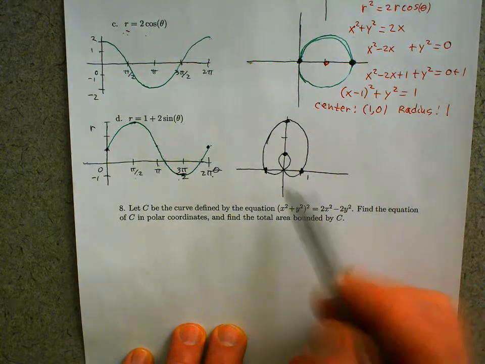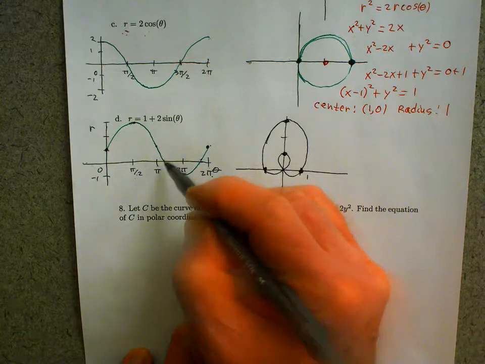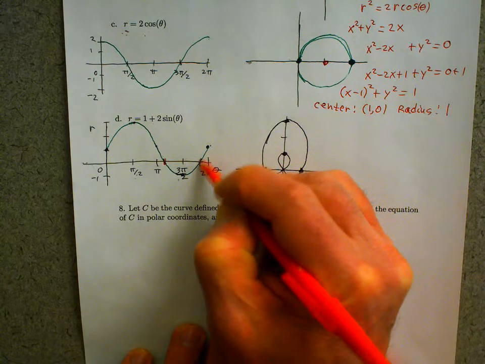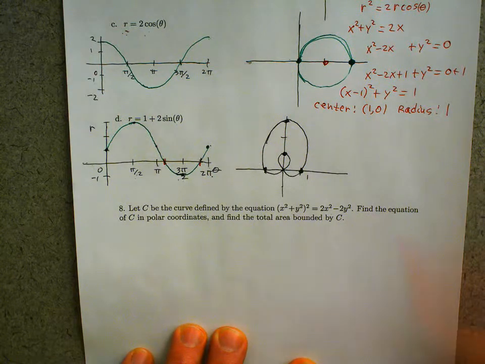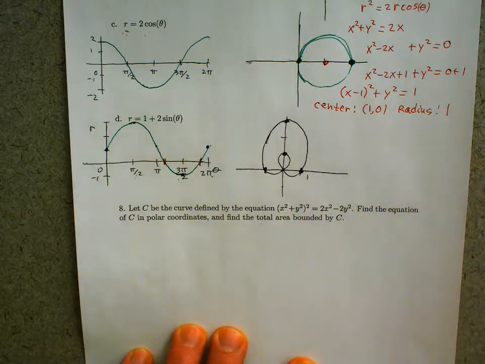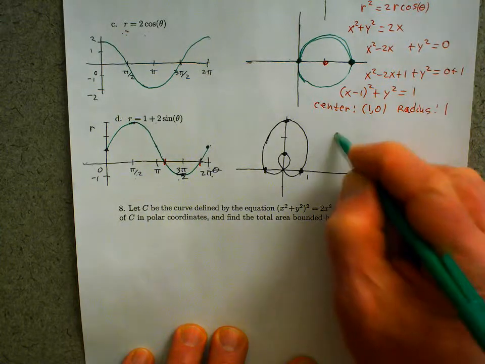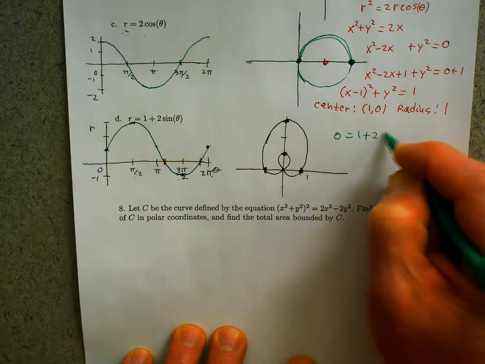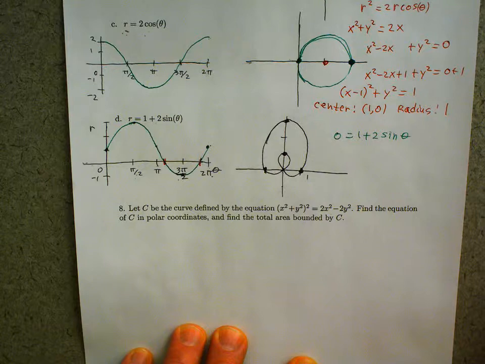So we can determine what the theta values are when the r value is 0. So in the equation, we just replace r with 0. So we get 0 equals 1 plus 2 times sine of theta.